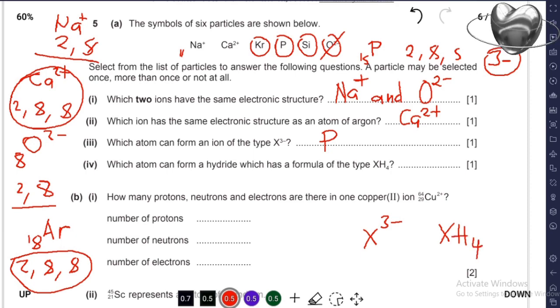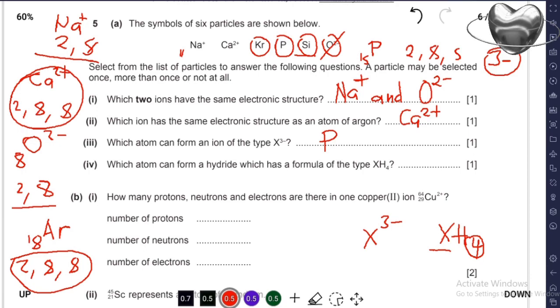The 4 here is coming from X. Since the 4 is coming from X, we understand that the valence of this X should be 4. So we are going to look for the element which has 4 valence electrons. And the only qualifying answer here is silicon. Silicon has a valence electron of 4.